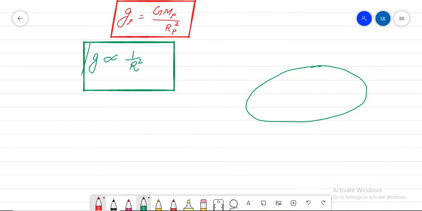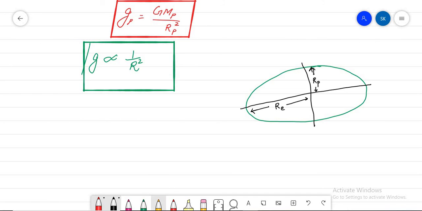As we know, the earth is not a completely perfect sphere, it's an oval shape. So there will be a variation in the radius. You can write this one is the radius of the pole, and this one is taken as the radius of the equator of this earth.